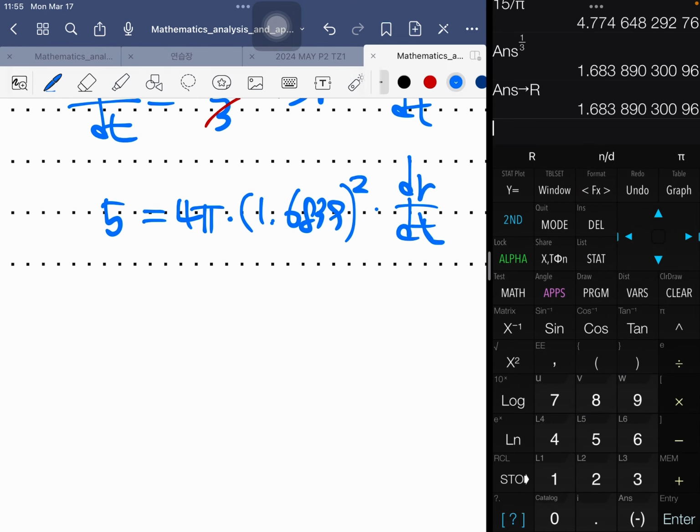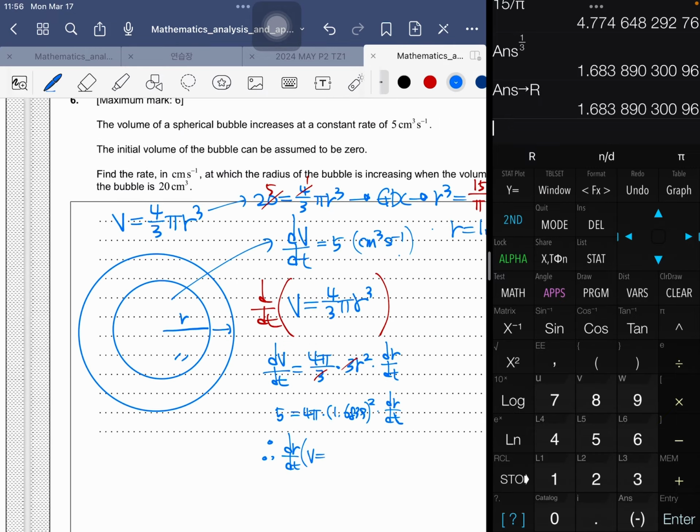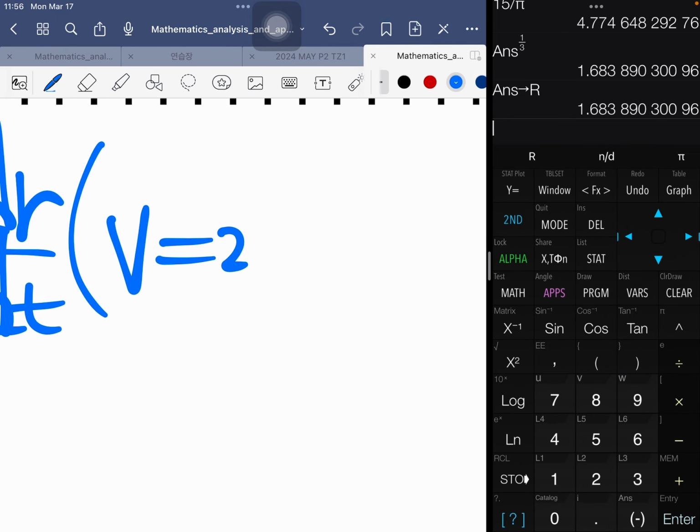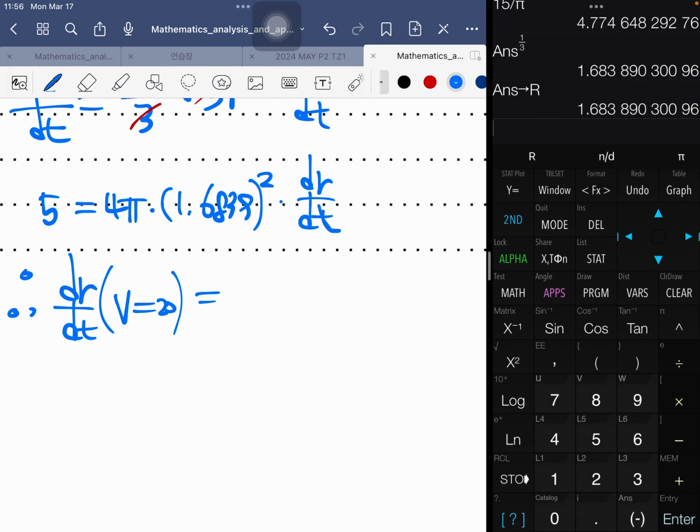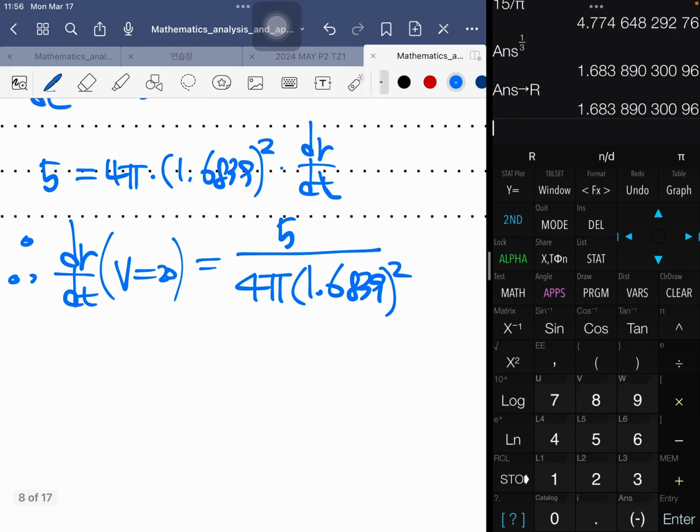So therefore dr dt, when V equals 20, equals 5 over 4 pi times 1.6839 squared.